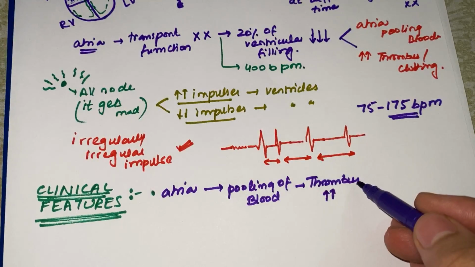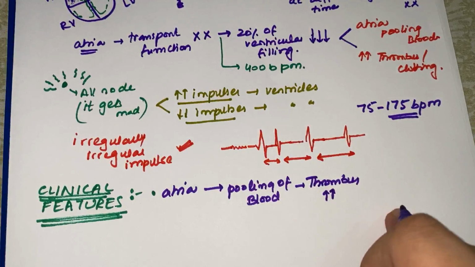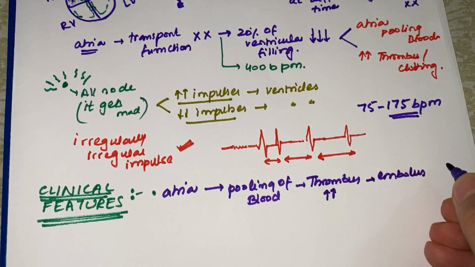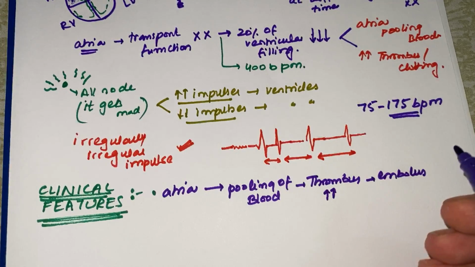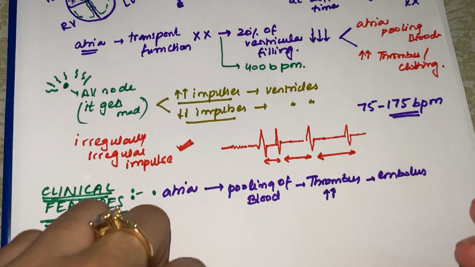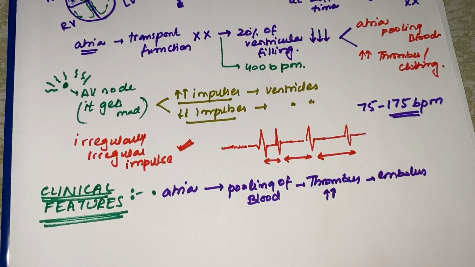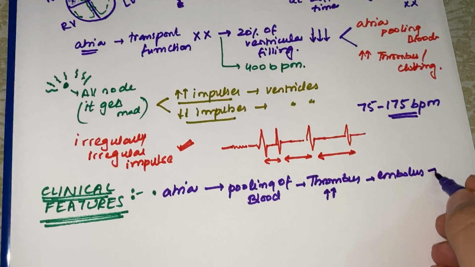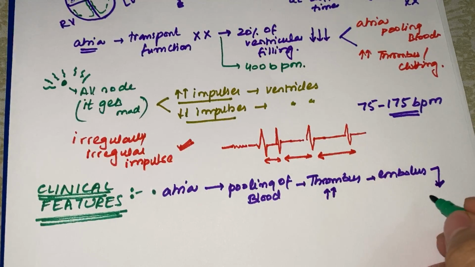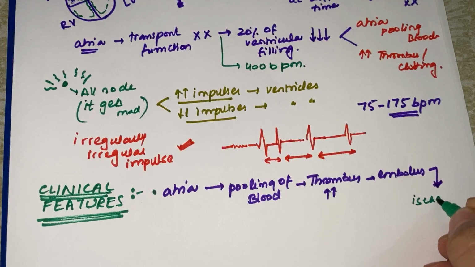It will come to your mind that when there is a thrombus and it breaks down and becomes an embolus, then this embolus can block any of the arteries, particularly the arteries supplying our brain. Which will lead to a very emergency condition, ischemic stroke.